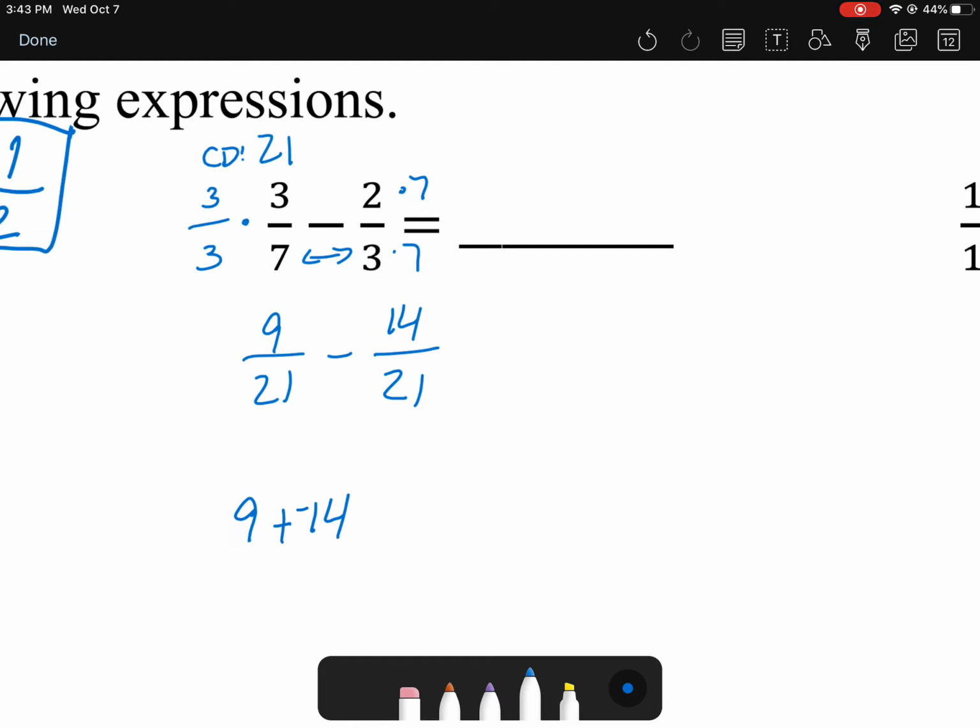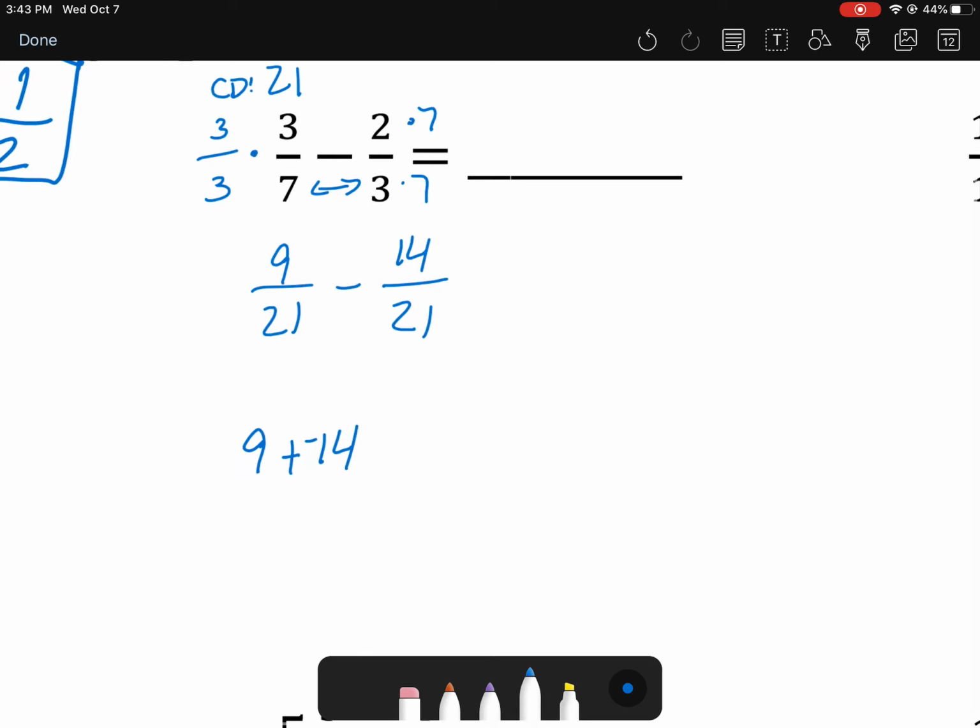So really I have 9 plus negative 14. Because I have two different signs, I'm going to have to subtract these numbers. 14 minus 9 equals 5. However, 14 is the bigger number, and it is negative. So negative 5 is the difference of those two numbers.